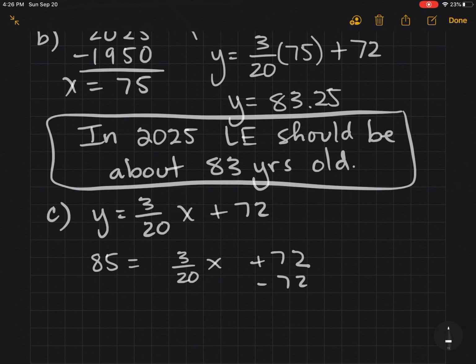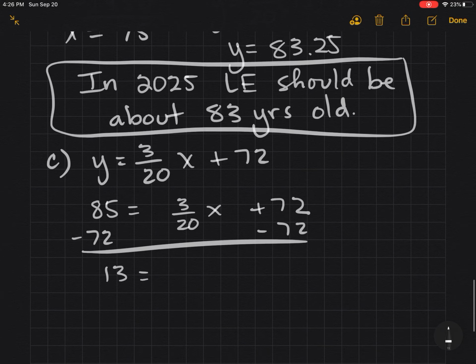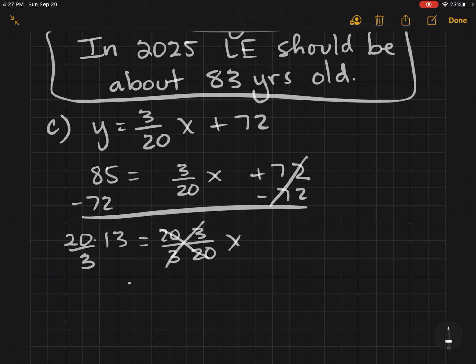So I'm going to subtract 72 from both sides, and I get 13 equals 3 over 20 X. Multiply by 20 and divide by 3, and we see the reciprocal works out perfect. And if you were to compute that with your calculator, you would get 86.6, repeating.